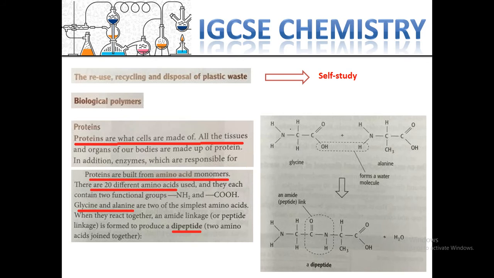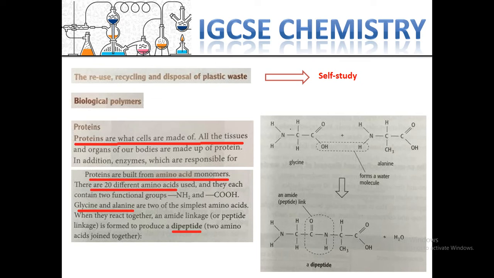All right. The next part is the reuse, recycling or disposal of plastic waste. We have learned about nylon. Nylon is a plastic, so it is very important to recycle because it is very dangerous for the environment.